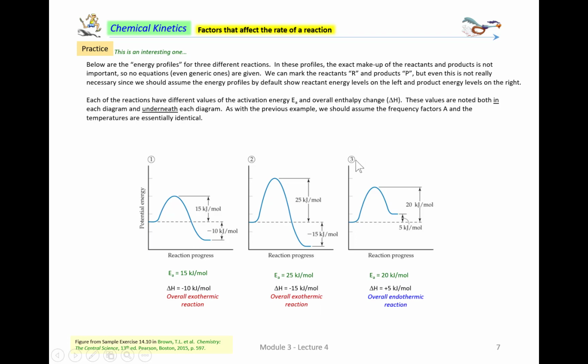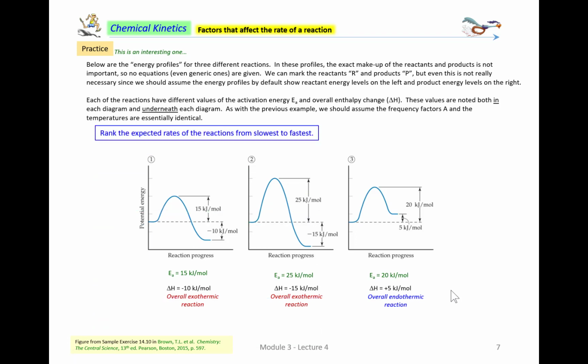If you look at reaction 3, it seems to have an activation energy that's between these other two, but this reaction overall is endothermic. You can see that the final products are slightly higher in energy than the reactants we started at. So overall, it's an endothermic reaction. Delta H is plus 5 kilojoules per mole.